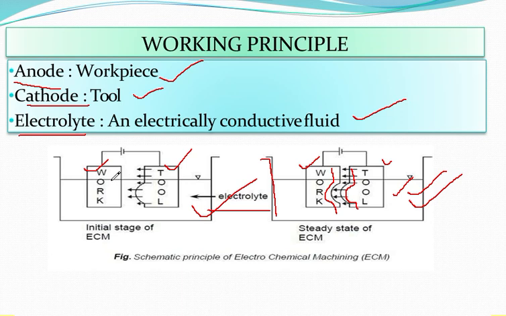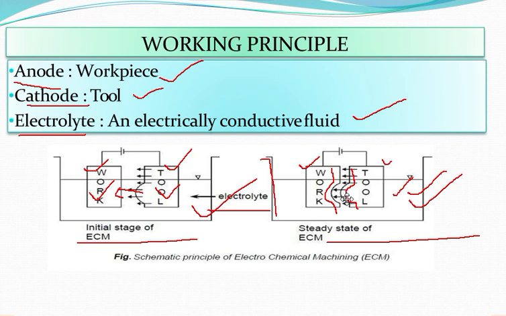So again I am repeating with this particular diagram. All of you have a look here. Workpiece is your anode, tool is your cathode, and this is the initial stage and this is the steady state. In the initial stage, you are slowly inserting the tool over the workpiece, and you can see here the material removal is occurring in the workpiece, but the material is not getting deposited over the tool.